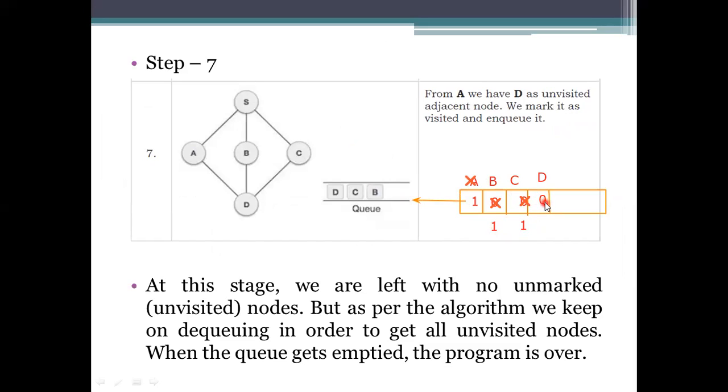As it is not a visited one, by seeing this value, mark it as a visited one here and enqueue that value into the queue. Any values left or not, we need to see. There is no other value. We will stop this processing here itself.